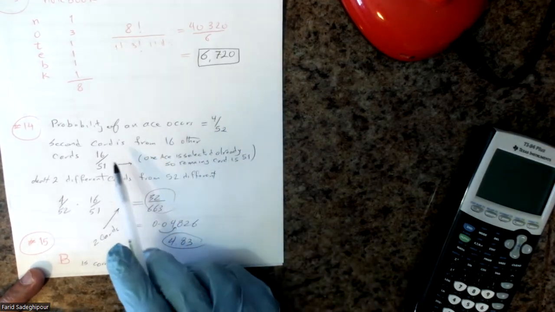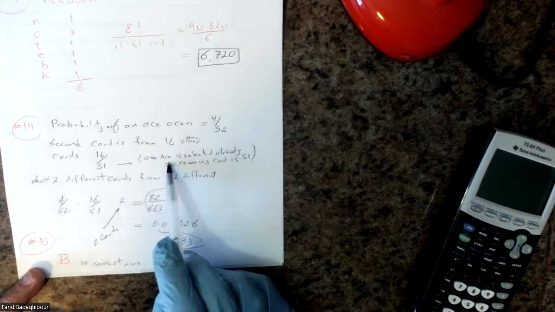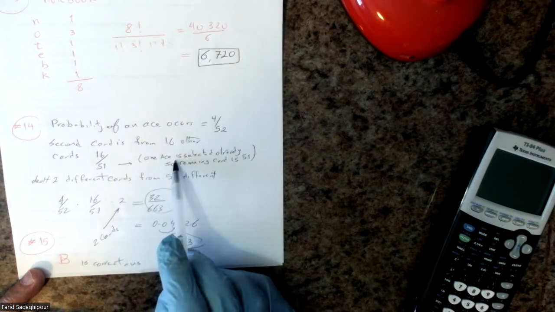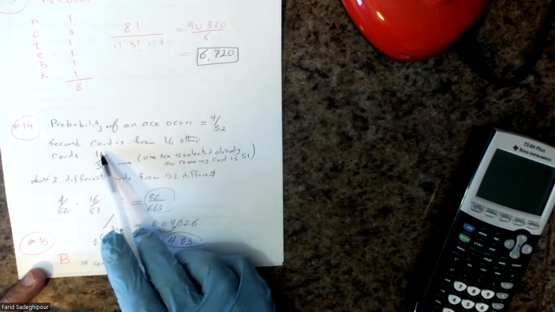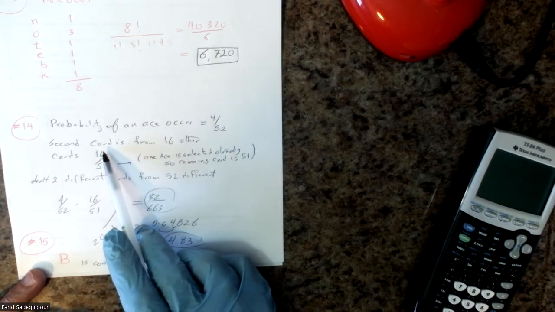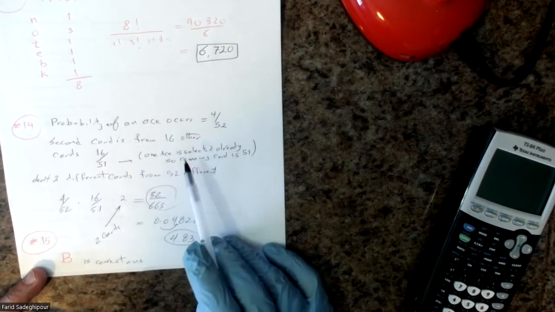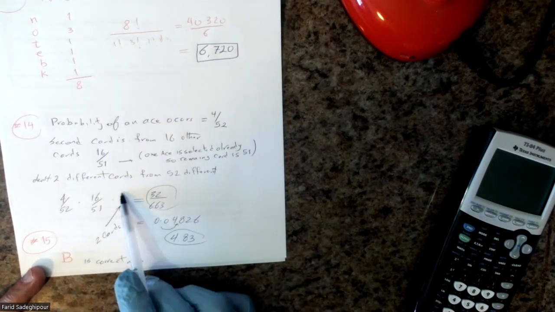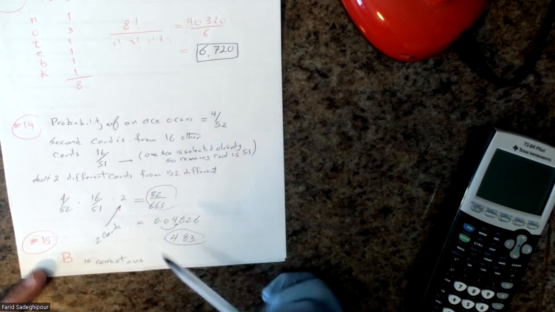And the second card is 16 out of 51 because you already selected 1 ace, so that would reduce the cards to 51. So for the remaining, what's the probability of the 16 from 51? Since you pull 2 cards, you multiply those, and this is the probability.